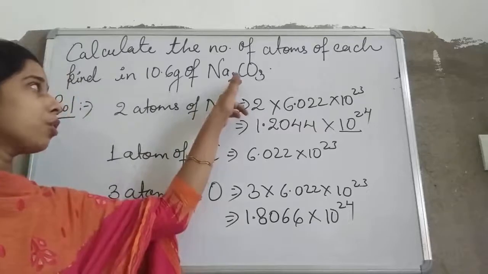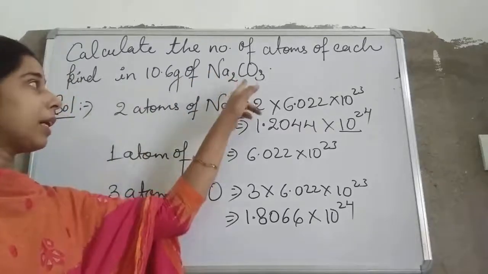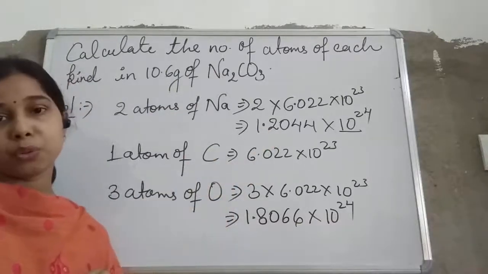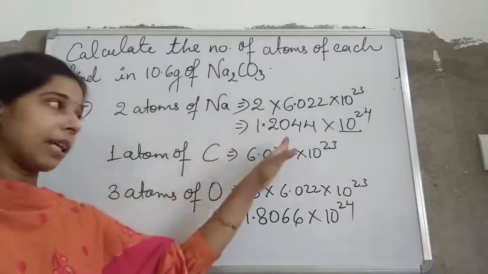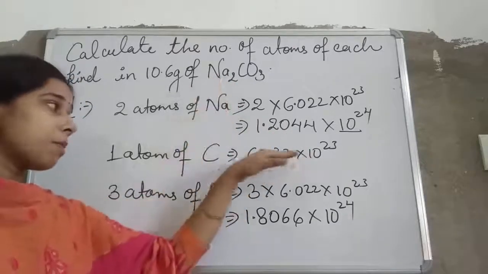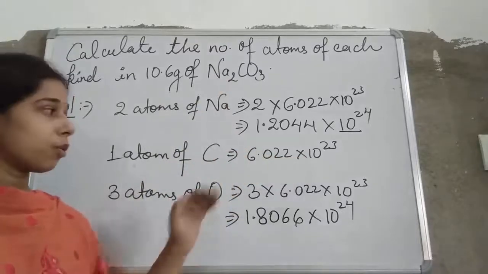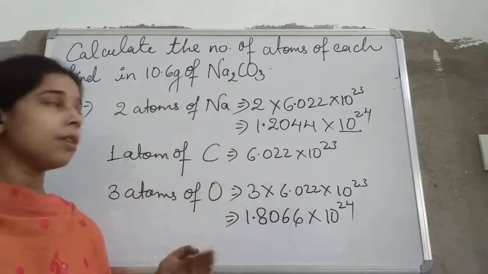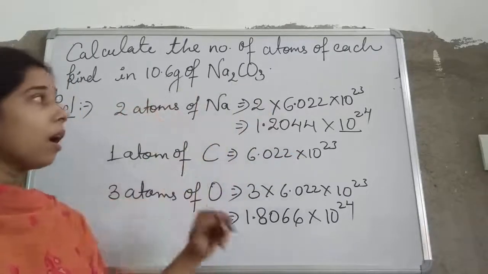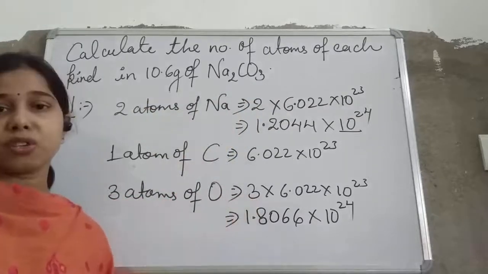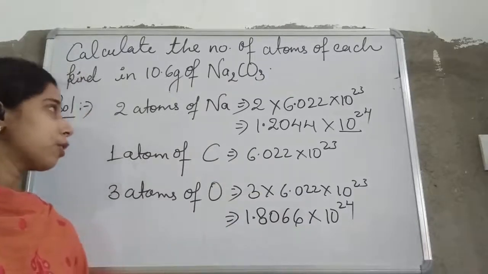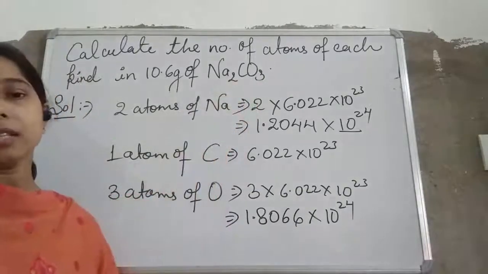We know that 2 atoms of sodium are there, so we multiply the value for one atom, 6.022 into 10 the power 23, by 2, and we get the number of particles present in the sodium. For carbon, because only one atom is there, we multiply with 1 and get the same answer. And since 3 oxygen atoms are attached, the number of particles present in the oxygen is 1.8066 into 10 the power 24 in this formula.